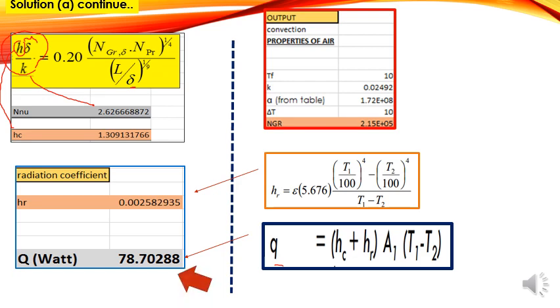Remember, in this case, our T1 is actually the temperature of the room side, which is 15. And the T2 is actually the temperature of the window on the outside part, on the outside layer, which is 5 degrees C. So finally we managed to calculate the Q.